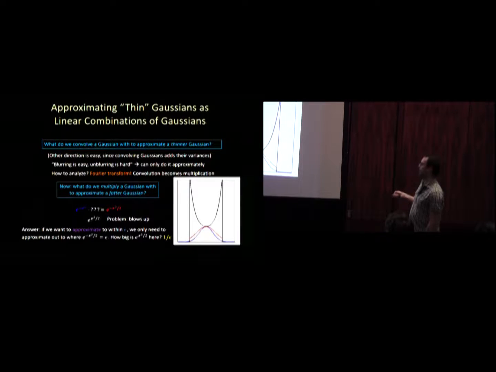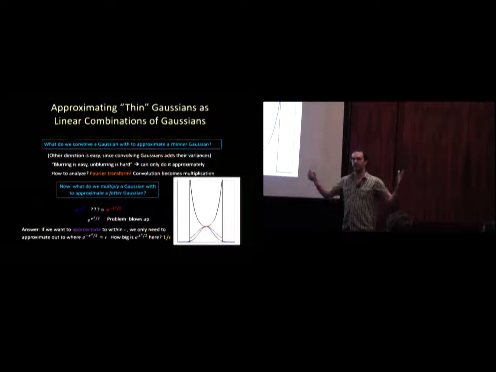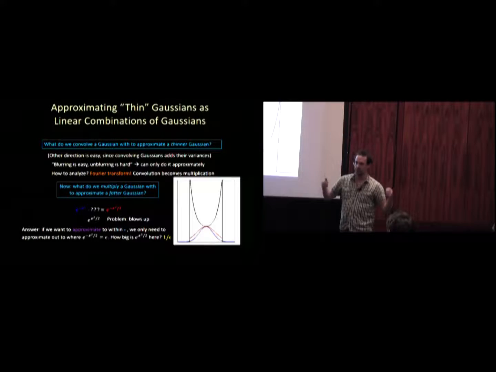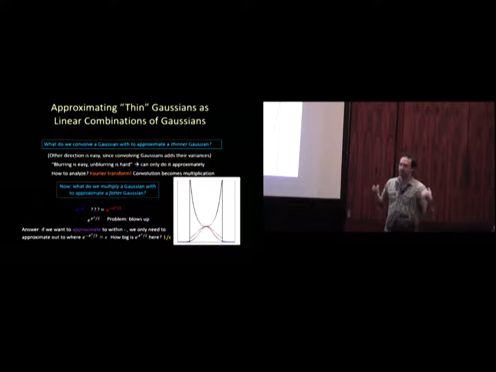And now we've got something which is approximated within epsilon. Our coefficients only get as big as black. But black is just 1 over red. So if red is epsilon here, black is 1 over epsilon here. So this is the answer for Gaussians. If you want to approximate a 1 over root 2 thinner Gaussian by a fatter Gaussian, to within accuracy epsilon you need coefficients of size 1 over epsilon. And this is the entire reason why we phrase things in Fourier space.